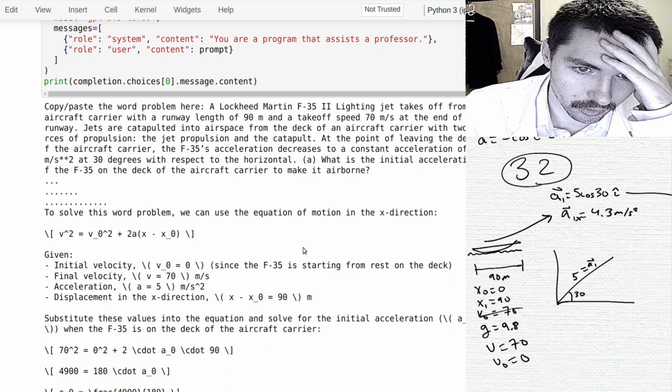To solve this, we can use the equation of motion, v squared.